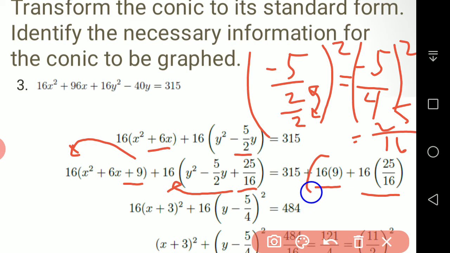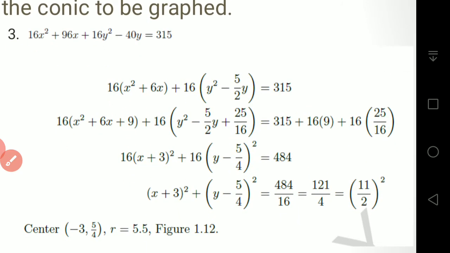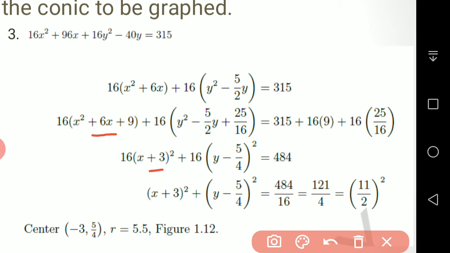We have to remember that we have a factor of 16 considered there, and extract it. So remembering again that half of 6 is positive 3 and half of negative 5 over 2 is negative 5 over 4. That's it. And we have 484 over here.